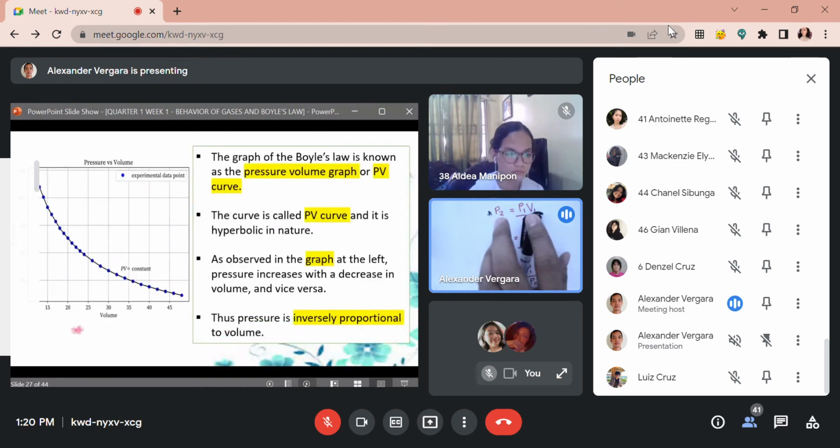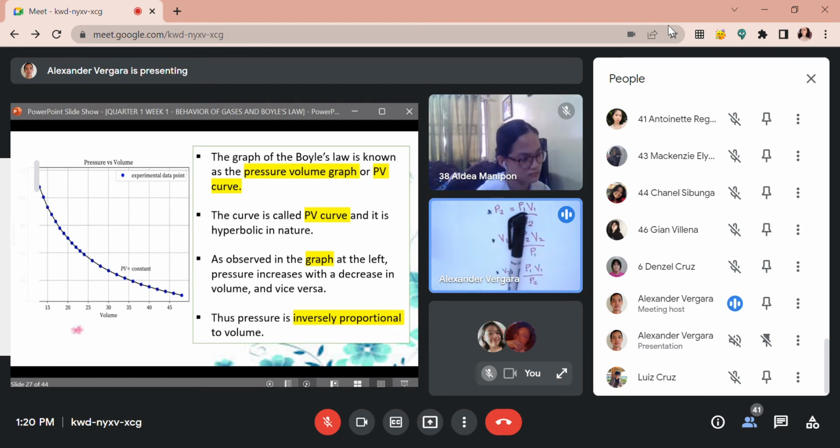As you can see here, the graph of Boyle's law is known as the pressure-volume graph or PV curve. Look at the figure on the side. The curve is called the PV curve and it is hyperbolic in nature.